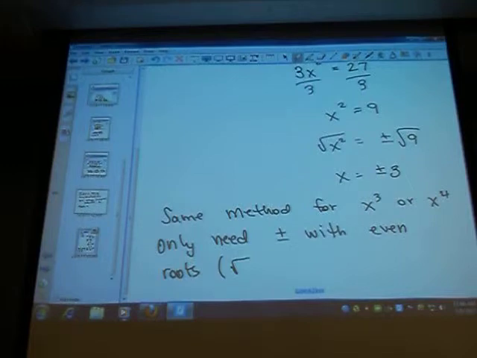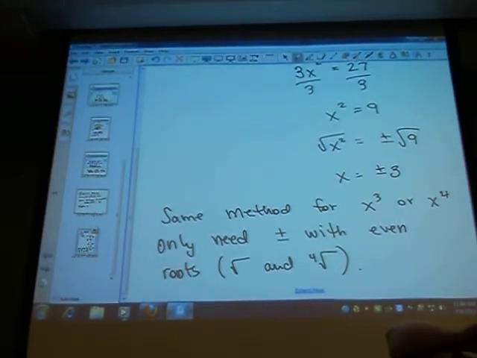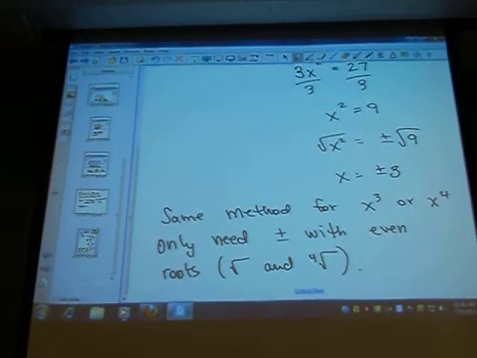Okay, so even roots means the square root, which undoes x squared, and the fourth root, which undoes x to the fourth. Okay? That's because only even powers get rid of negatives. So you wouldn't use it with x cubed, with the odd root. Okay?